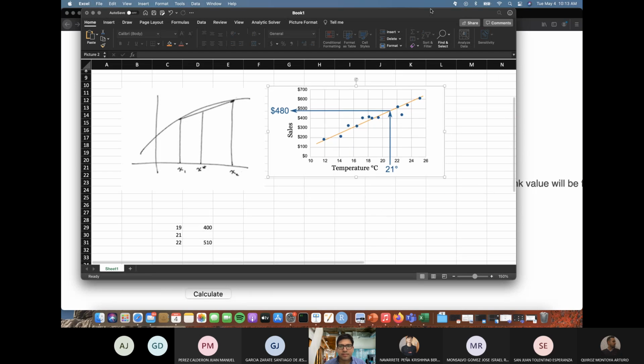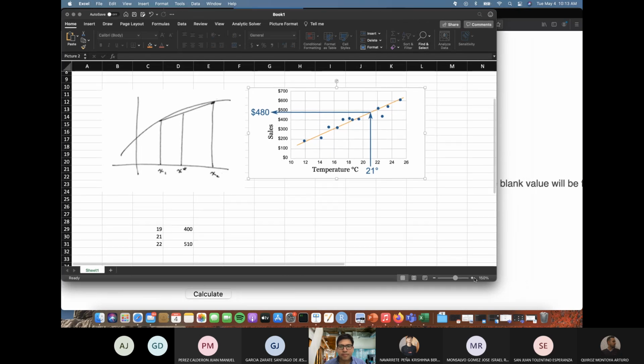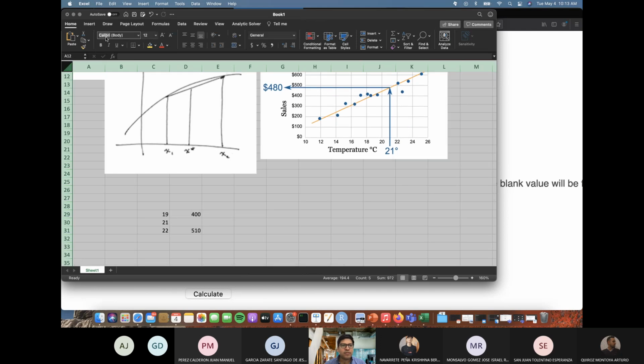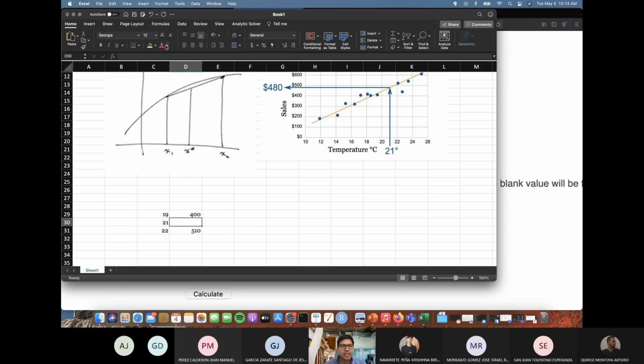Something like this. Okay, so let's just use, I like Consolas in Excel. I think it's clearer. Oh, I don't have Consolas? Really? Well, I have Georgia. So we need this value, right?